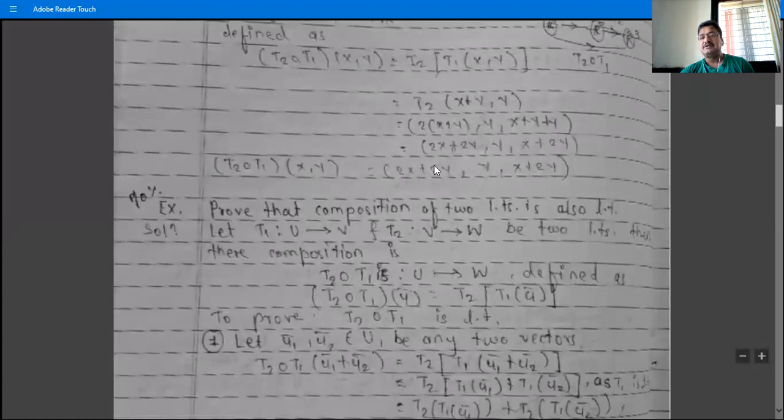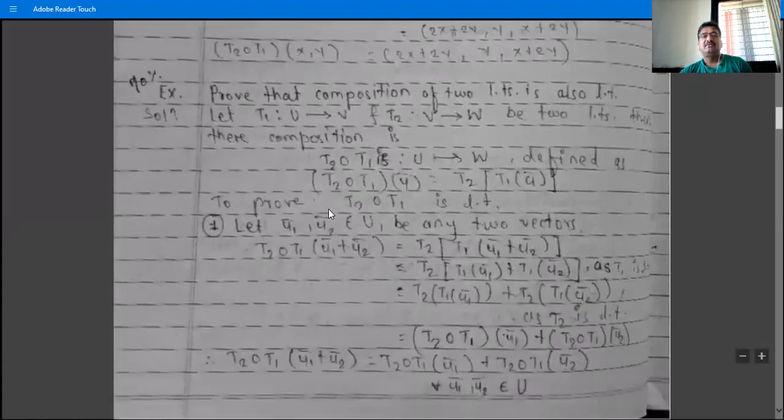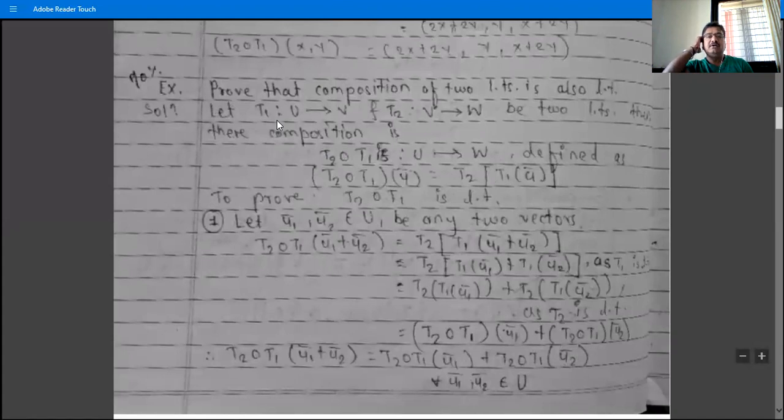Let T1 from U to V and T2 from V to W be two linear transformations, and their composition T2 circle T1 is a function from U to W and is defined as T2 circle T1 of U bar equal to T2 of T1 U bar. This is the definition of composition of two functions.